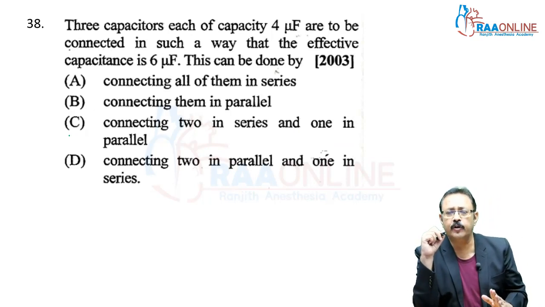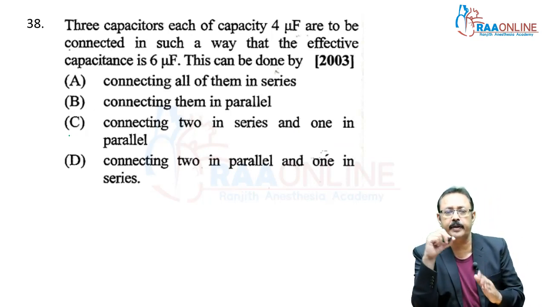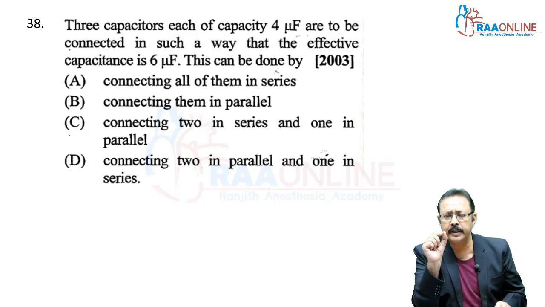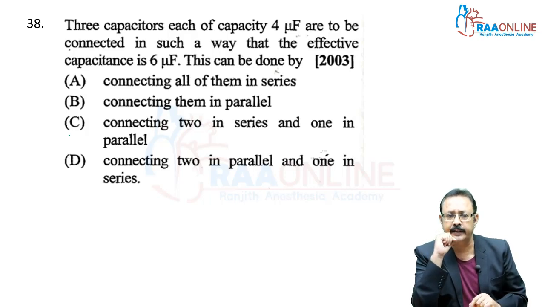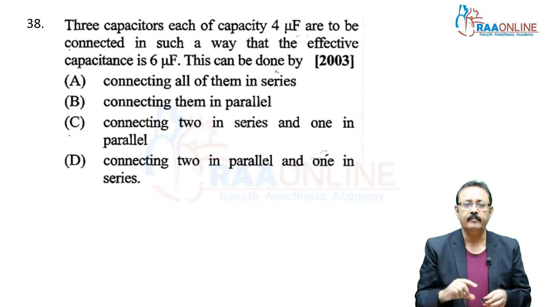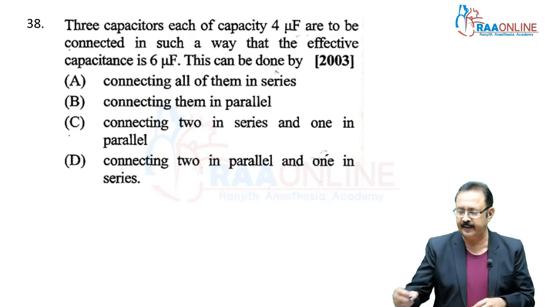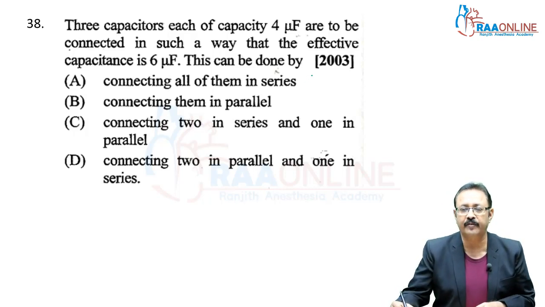Next, it is from 2003 AIPMT. 3 capacitors, each of capacity 4 microfarad, are to be connected in such a way that the effective capacitance should be 6 microfarad. If you connect all in series, you will get 4 by 3.